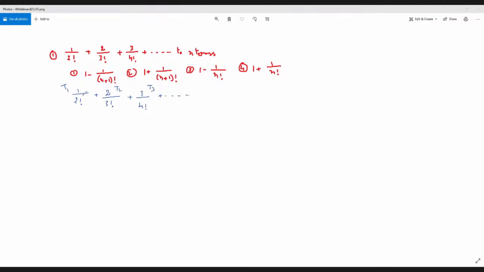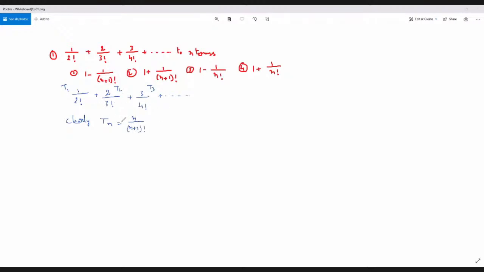First term is 1 by 2 factorial. Second term 2 by 3 factorial. Third term 3 by 4 factorial and so on. What about the nth term? Clearly the nth term Tn is n by n plus 1 factorial according to the given sequence.